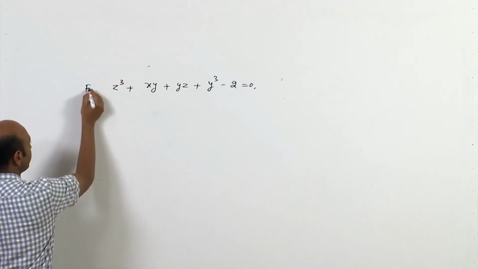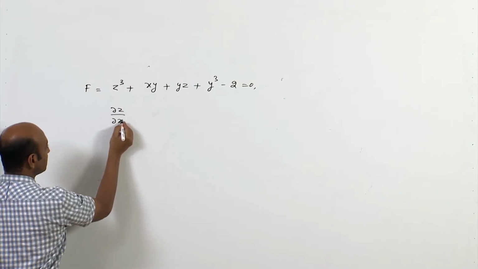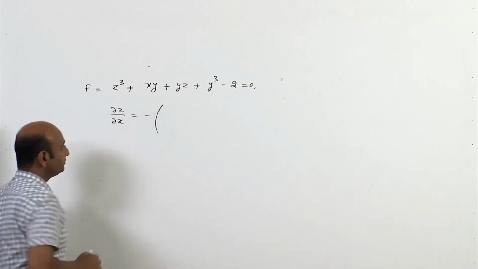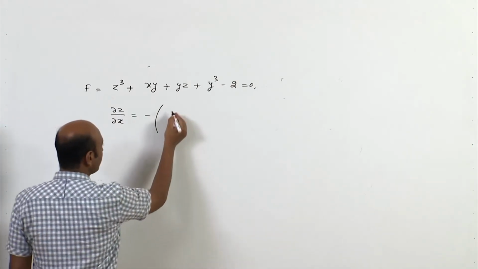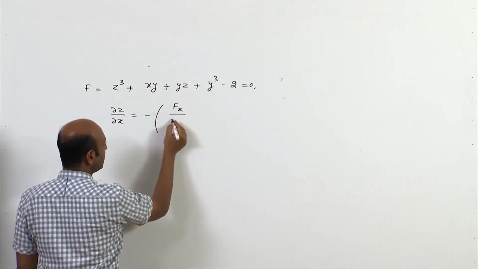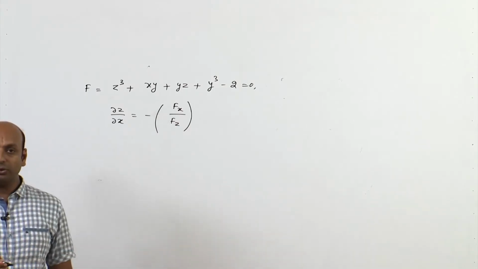Say it is f, and you want to compute del z by del x. It is negative of fx upon fz, as we have just proved, where fz should not equal 0.